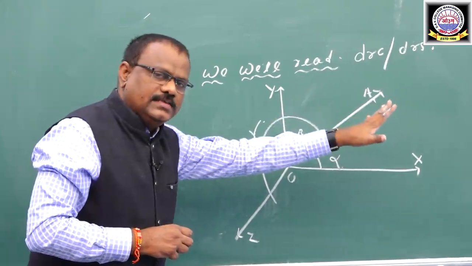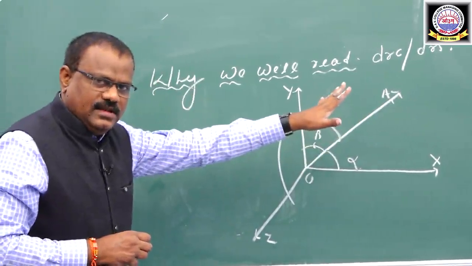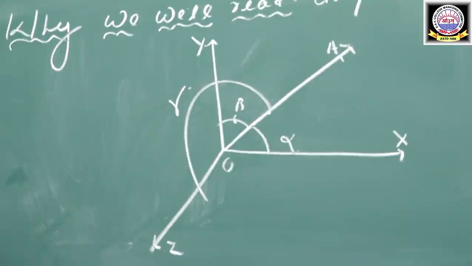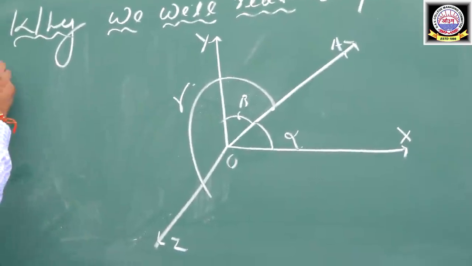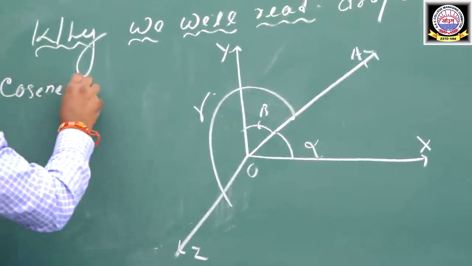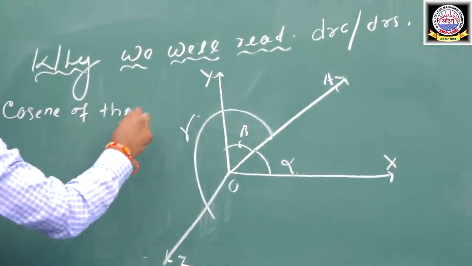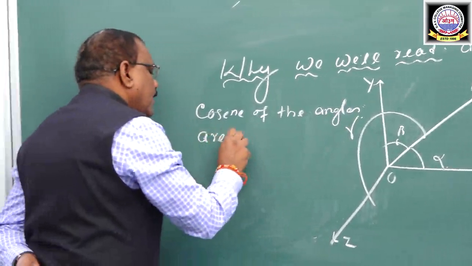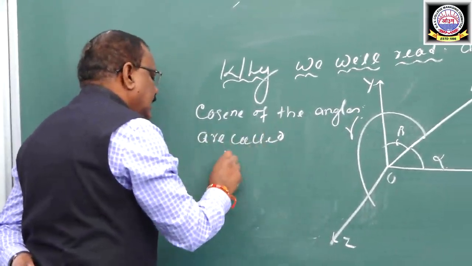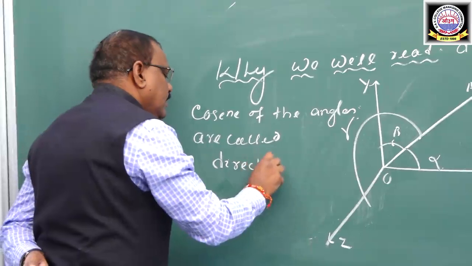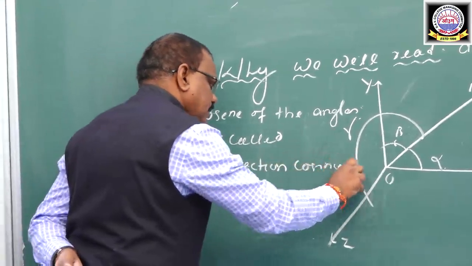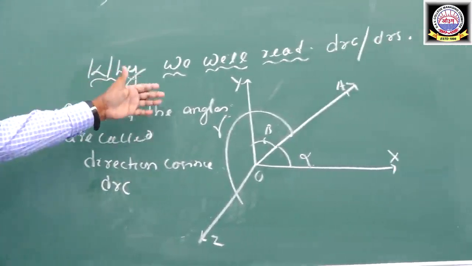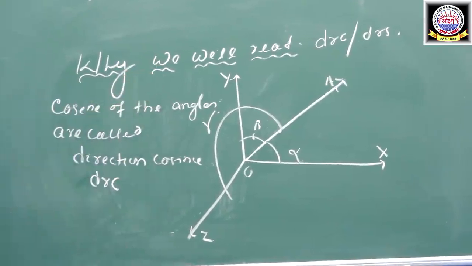We need the three angles made with the coordinate axes. And the cosines of those angles are called direction cosines, denoted by DRC. So now you understood why the direction cosine is required.